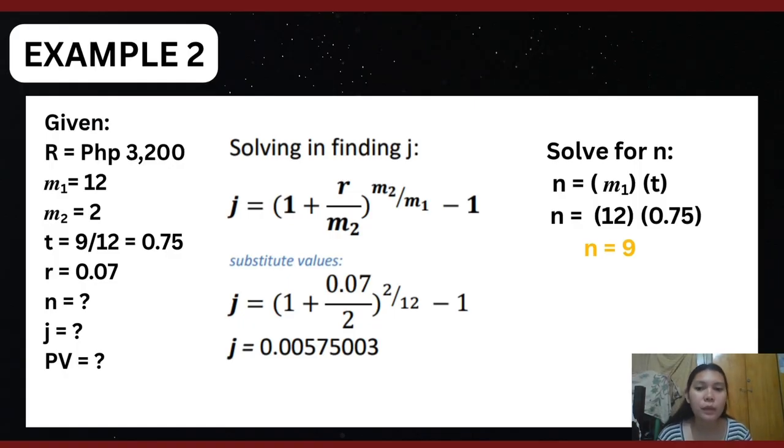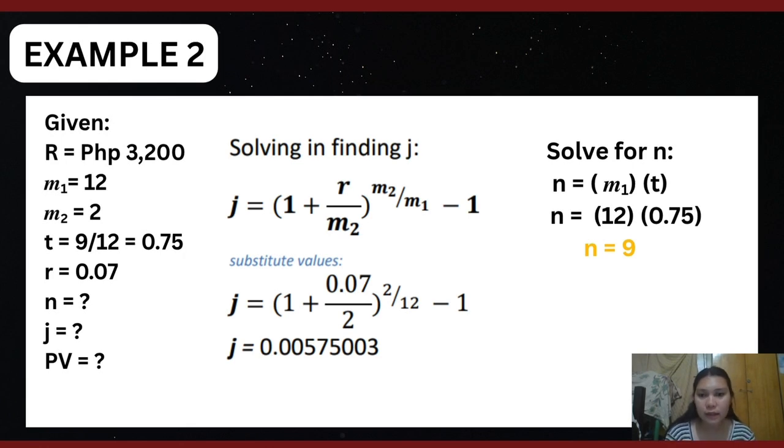So again, we need to list down all the givens. So the periodic payment or the monthly payment is equal to 3,200. Next, the number of payments per year is equal to 12, and the m sub 2 or the number of compounding periods per year is equal to 2 since it's semi-annually.